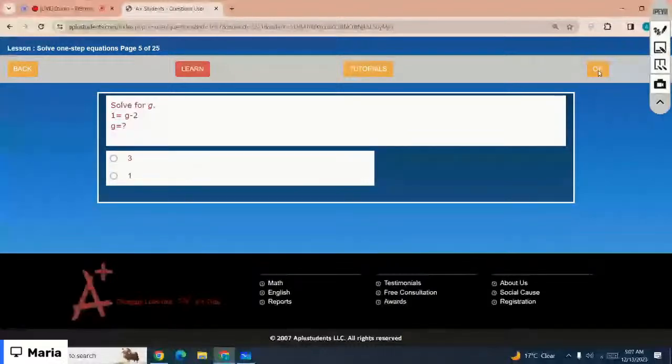Which is the correct option? The correct option is 3. g equals 3. You need to add 2 to both sides. So it would be g equals 3.